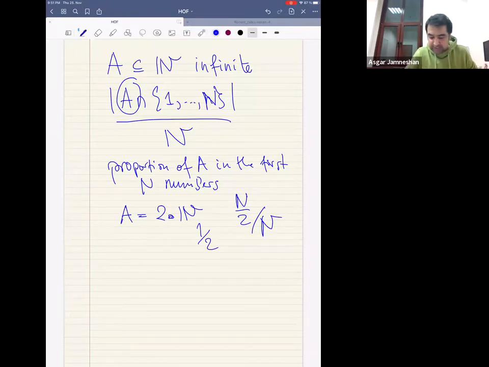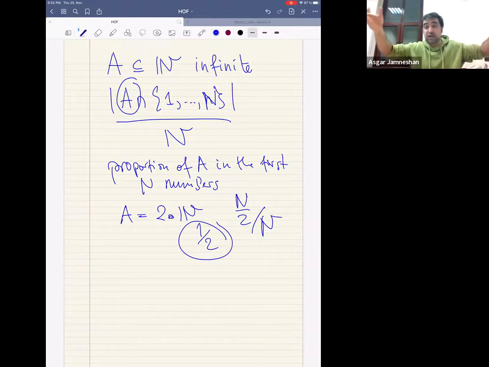So now you take any set, you look at the proportion of it in the first n numbers, but now you make this n larger and larger. So you look at the asymptotic proportion of your set in finite chunks of the natural numbers. Let's assume that as n becomes larger and larger, you still have a positive proportion of elements. For instance, the even numbers always have 1/2 density, regardless of what n is.